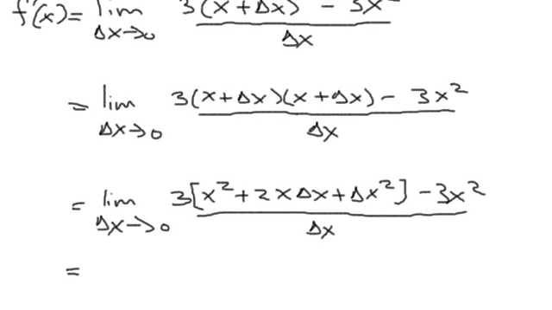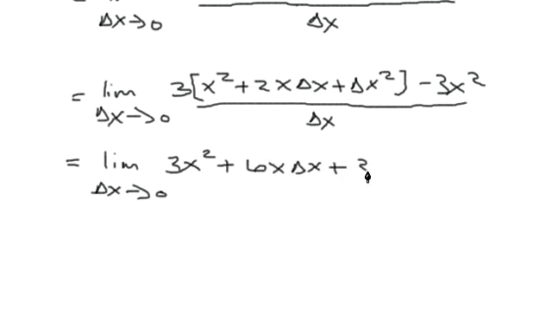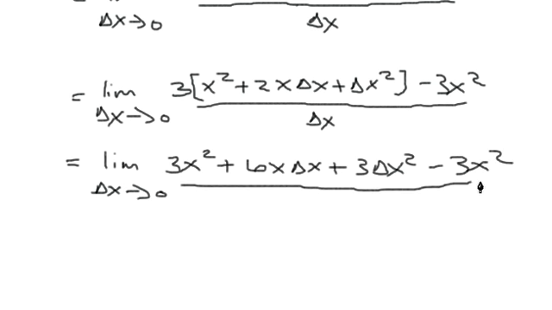Okay, I guess we're going to end up having to write this out again. Well, no sense in skipping any steps, because that's where I normally lose people if I skip steps. So we have 3x squared plus 6x delta x plus 3 delta x squared minus 3x squared, and of course that's all over delta x.